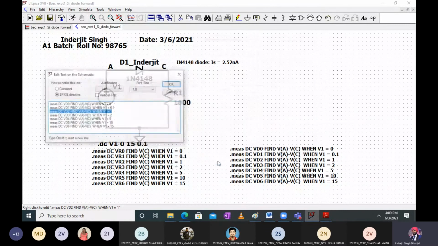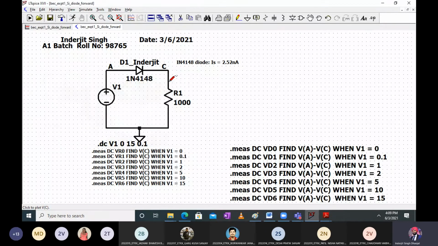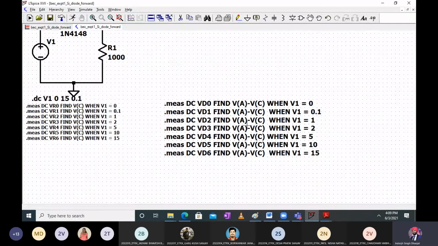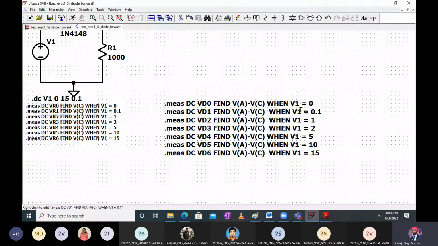I'll increase the font size so that you can see clearly. See, these are the values. What it will do is, for the corresponding value of the supply voltage, it will find the diode voltage. समझ में आई ये बात? So if I want at 0 volt, what is my diode voltage? I'm naming it as VD0, variable name, same concept. This is VD1. So it will store that value at supply voltage 0.1.